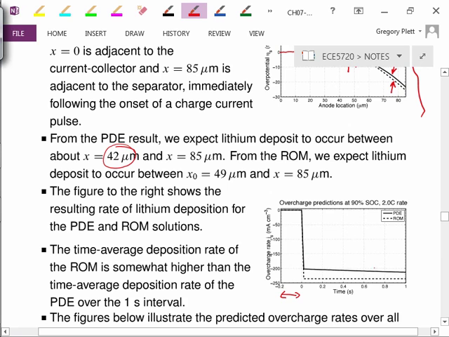You can see that the PDE quickly jumps to some side reaction current density, and the reduced order model immediately jumps to an even bigger negative side reaction current density, so it's over predicting the side reaction that's happening. The PDE evolves a little bit over time. The reduced order model, similar to our SEI model, does not evolve over time and stays constant.